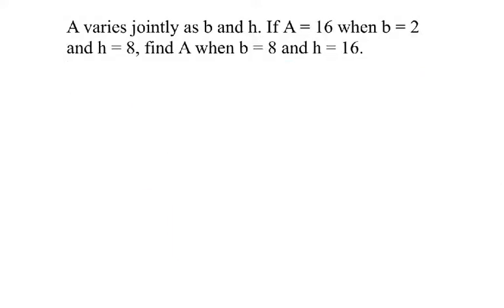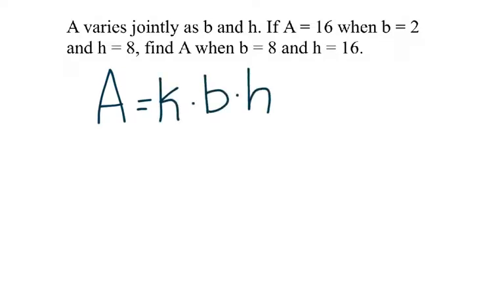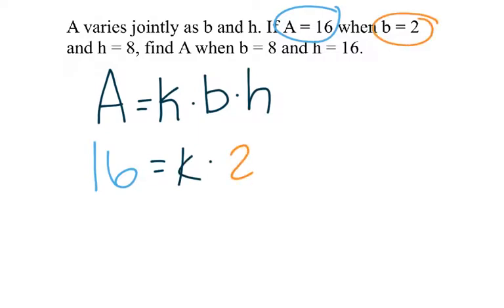Okay, so we're going to do this one together. A varies jointly. Remember, jointly means lots of things being multiplied, as B and H. And then I'm just going to do this. So A is 16, B is 2, and H is 8.